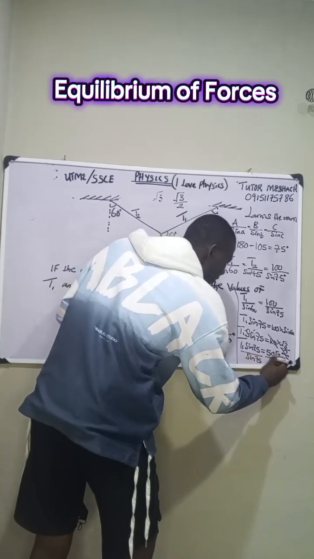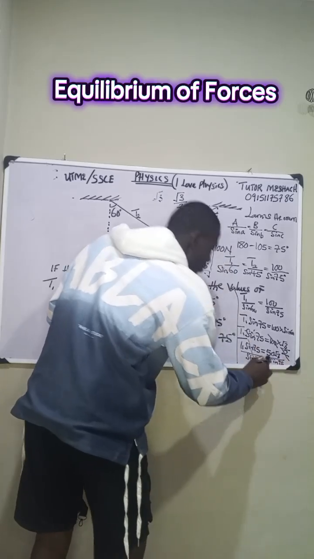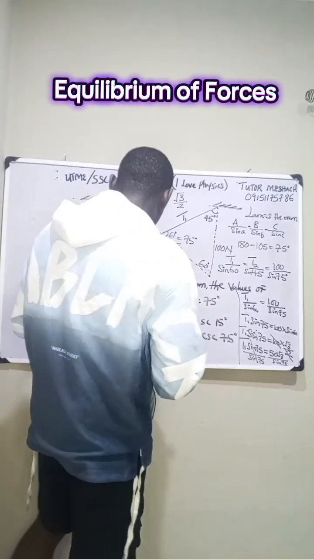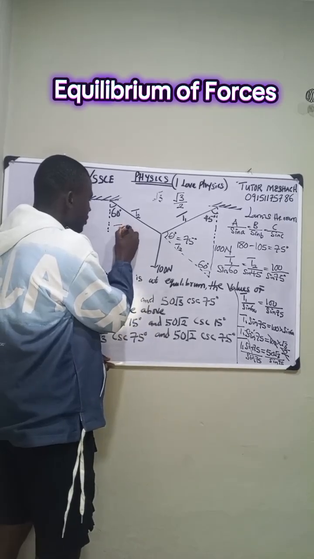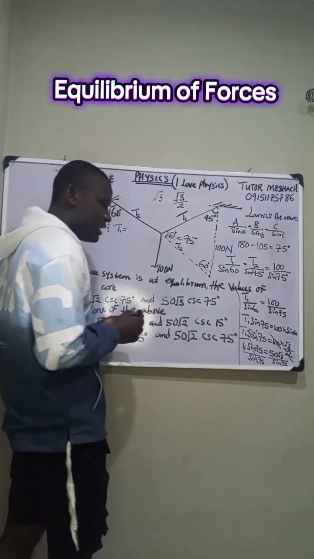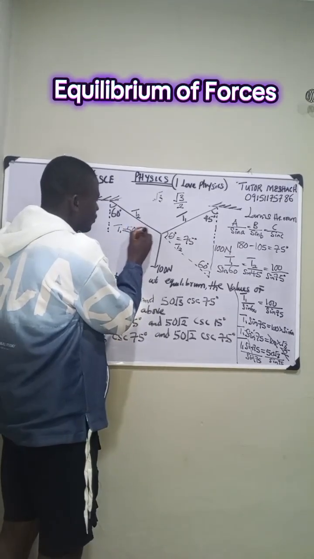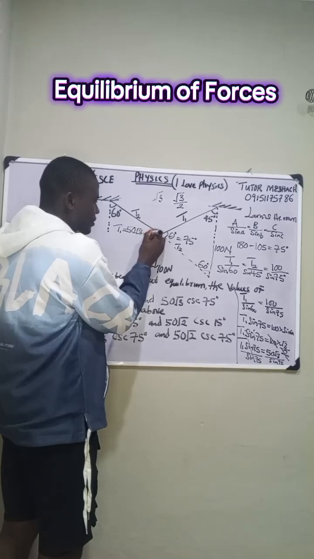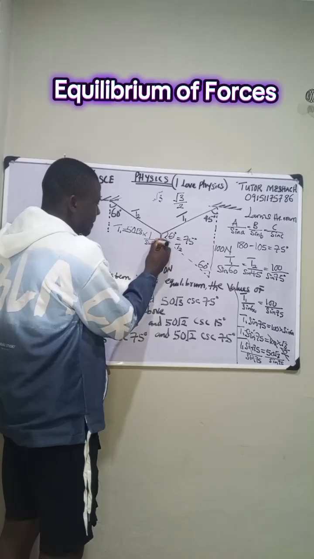You now have that your T1 is equal to 50 root 3 times 1 over sine 75.